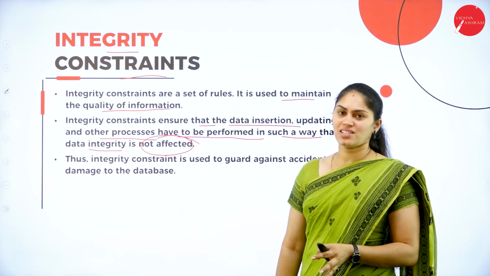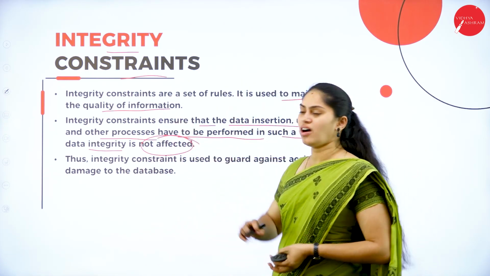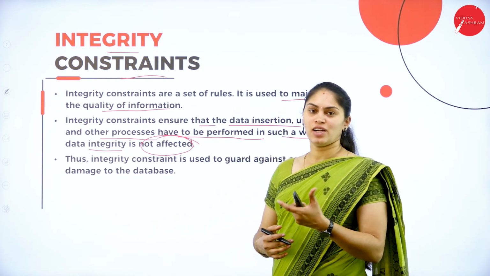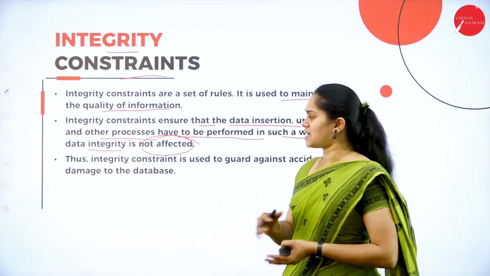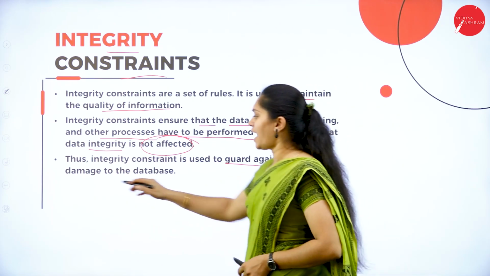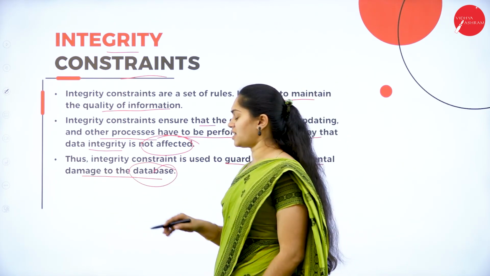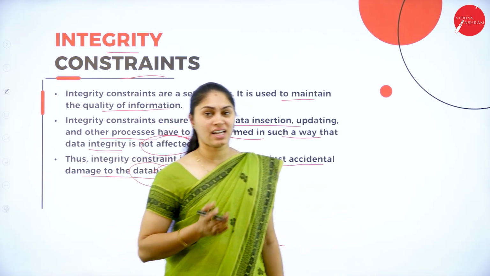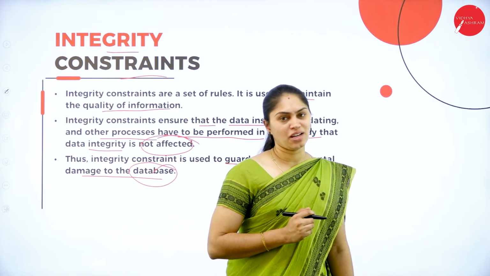You should not change the purity of the data. You should not decrease the quality of the information. Then we call that kind of restrictions or conditions as what? Integrity constraint here. Mainly it is used to guard against accidental damage to the database. Moreover, we are using this integrity constraint in order to maintain the consistency and quality of information here.